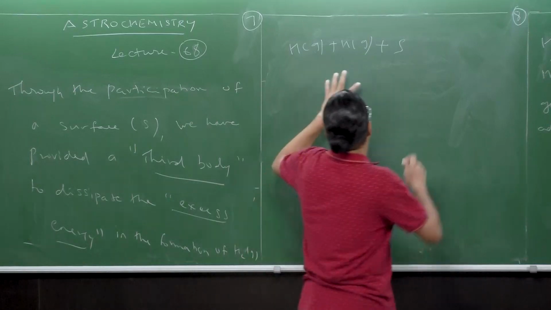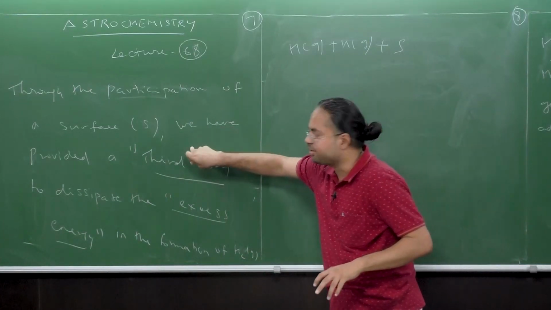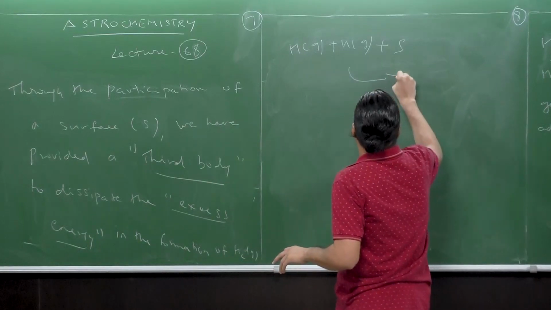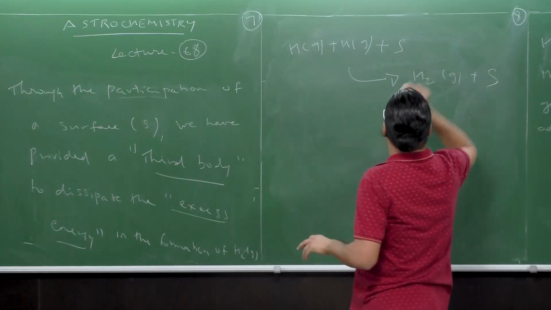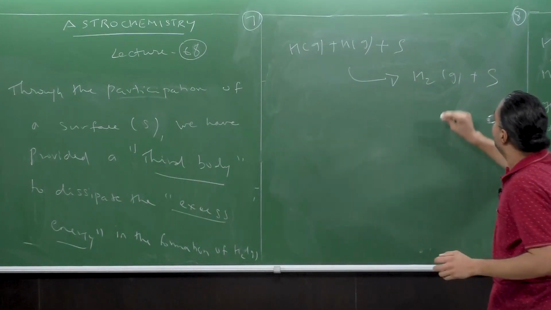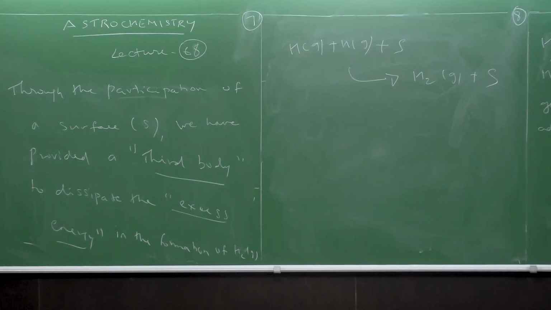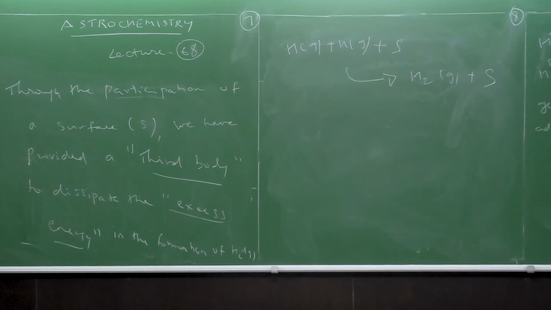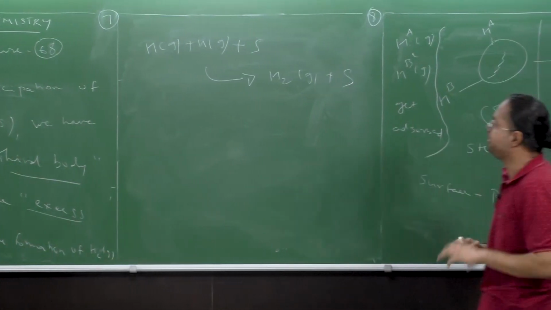However, the surface acts as a third body effectively to give rise to H2 gas plus S, such that the excess energy is dissipated to the surface. Whatever excess energy is available in the formation of H2 is just absorbed by the much larger surface.